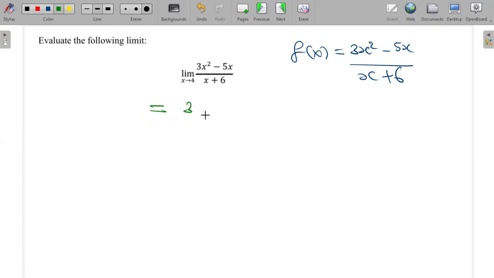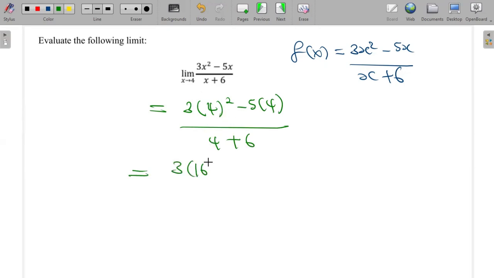I have 3 times 4 squared minus 5 times 4, divided by 4 plus 6. I square the 4 and get 16. Then 5 multiplied by 4 gives us 20.